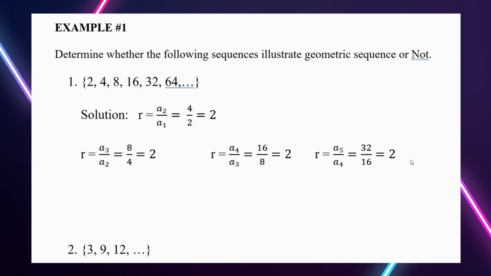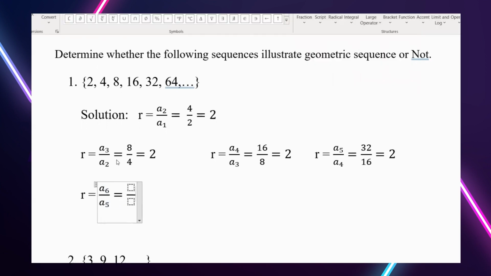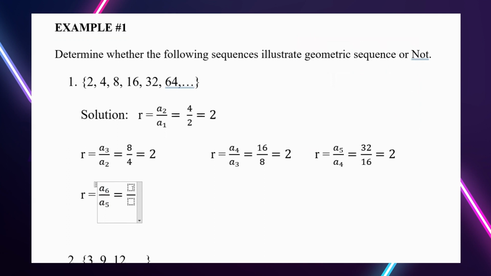And the last, we have a sub 6 divided by its preceding term, which is a sub 5. So the value of a sub 6 is 64. And the value of a sub 5 is 32. 64 divided by 32 is 2.